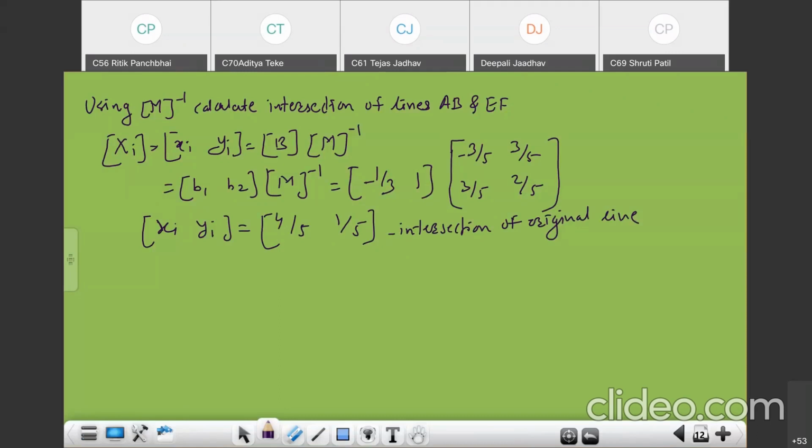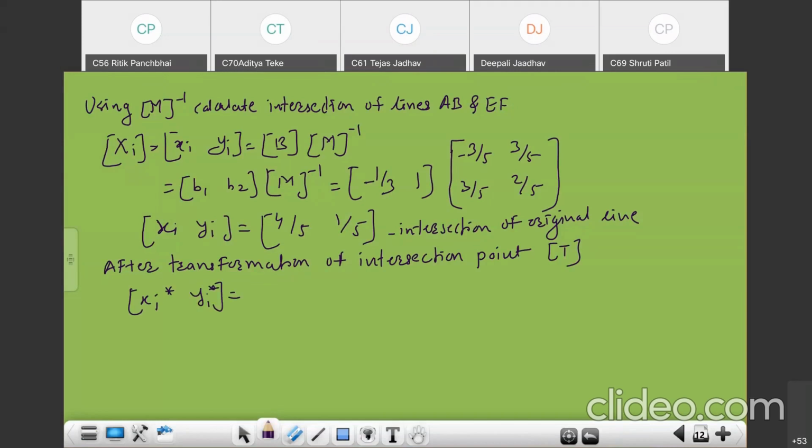Before that, we transform this intersection point with the help of the general transformation matrix T. So xi star, yi star is equal to the intersection point xi, yi multiplied with T. What is xi, yi?